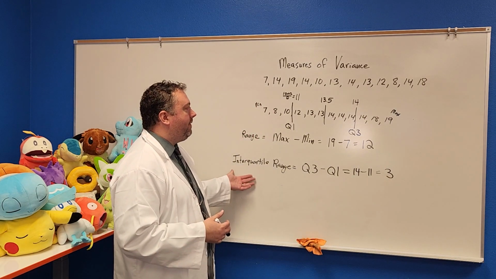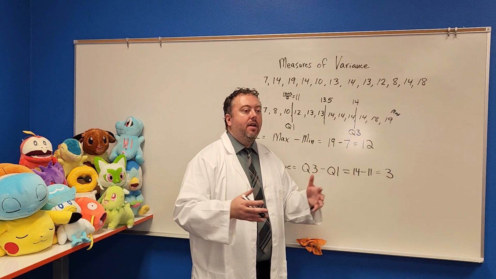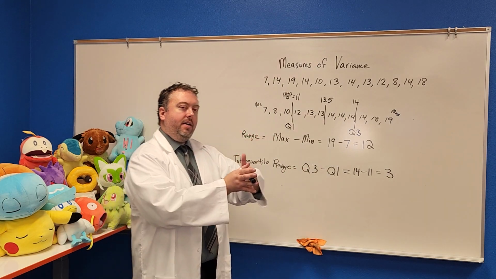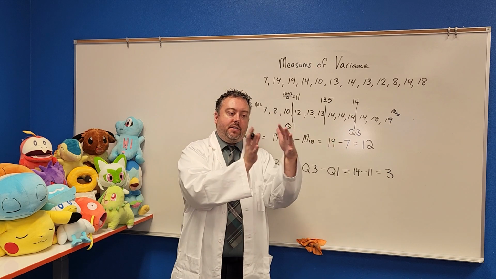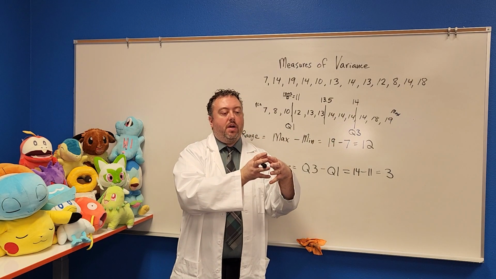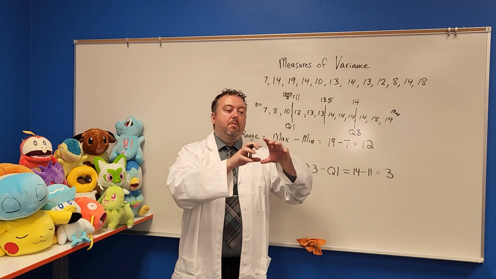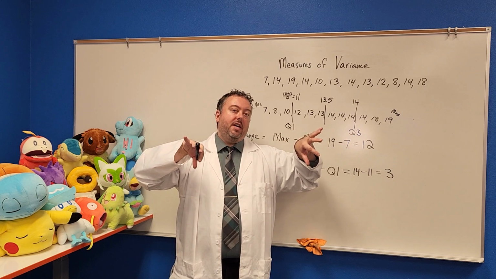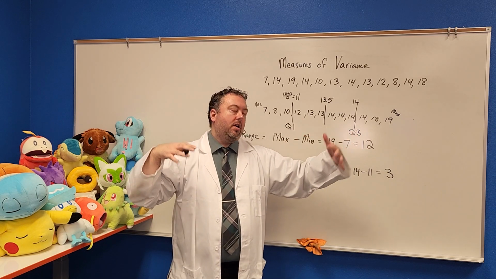So it's another way of trying to take a look at how your data is spread out. So our data is spread out a little bit, but it's still clumped kind of close together in the middle, as opposed to a situation where you could have data spread out, but then the middle could also be spread out to show that your data is either clumped at the ends or it's all just spread out across.